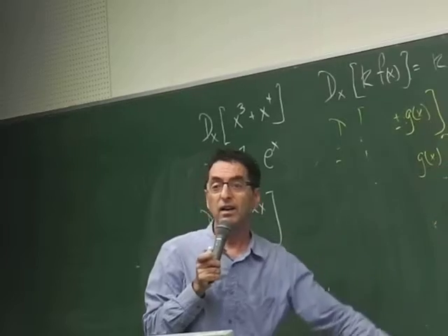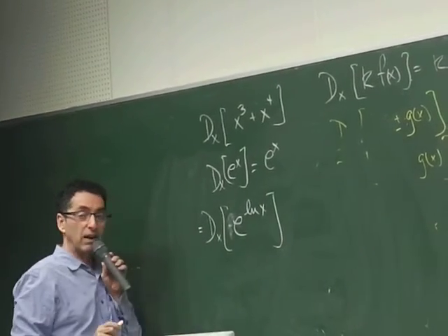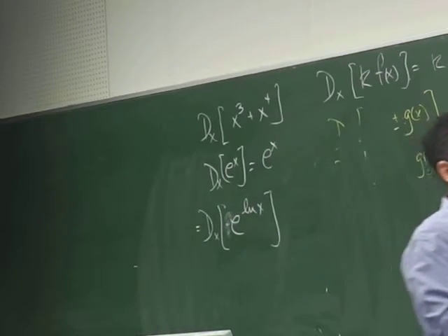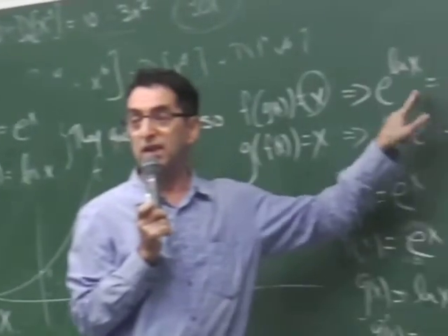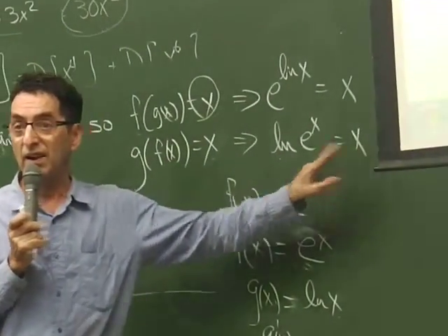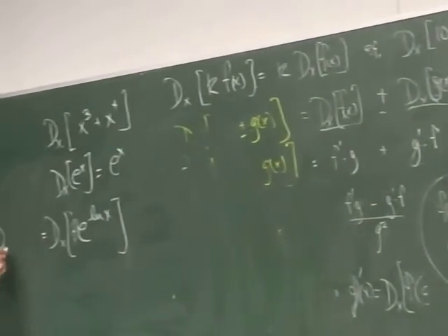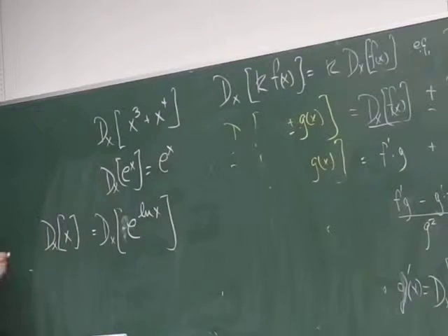On one hand, e to the ln of x is x, remember? They're inverse functions, so e to the ln of x is x. So this is asking me for the derivative of x, which is super easy. It's just 1, right?